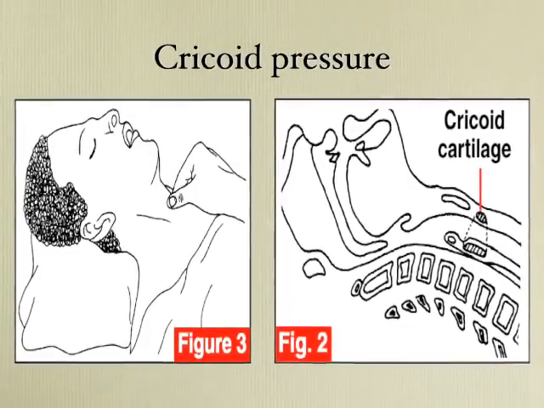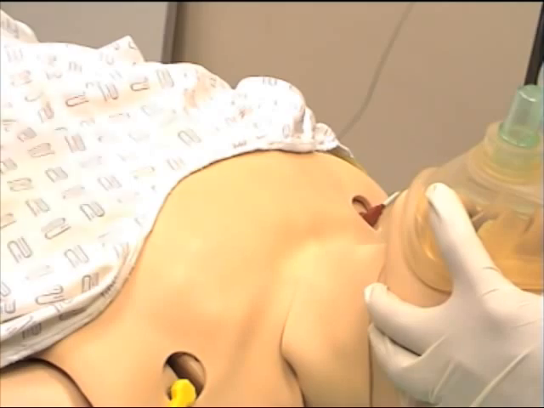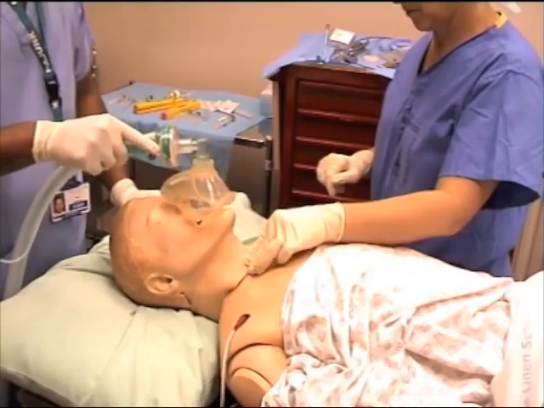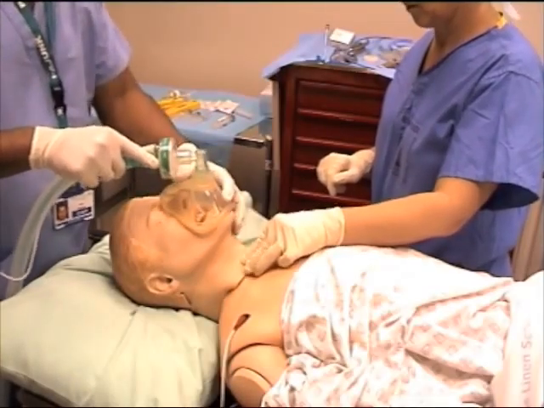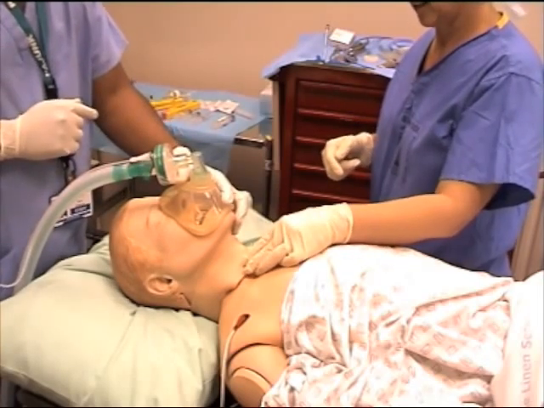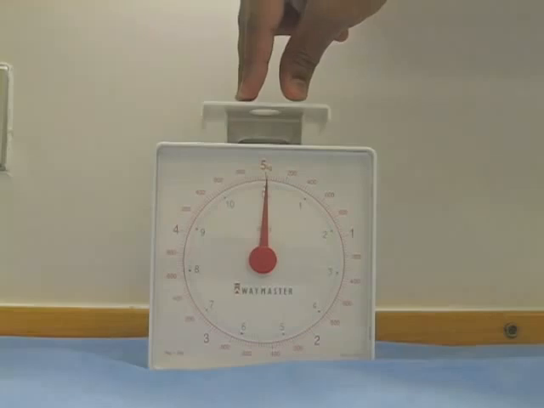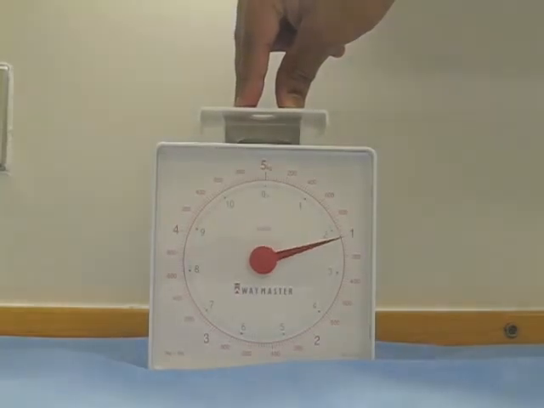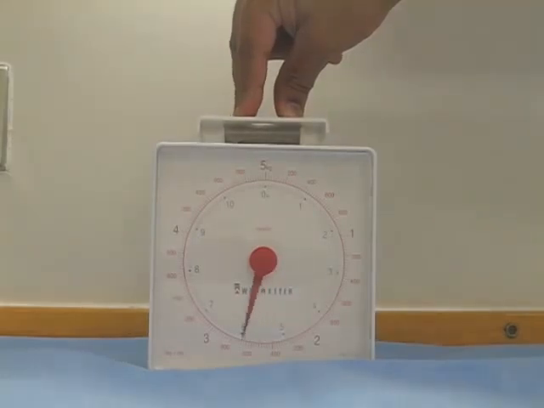The Difficult Airway Society recommends the use of 10 newtons pressure when the patient is about to be induced and 30 newtons once the patient is asleep. One way to practice this is by using a weighing scale. 10 newtons on a weighing scale is 1 kilogram force and 30 newtons is 3 kilograms.